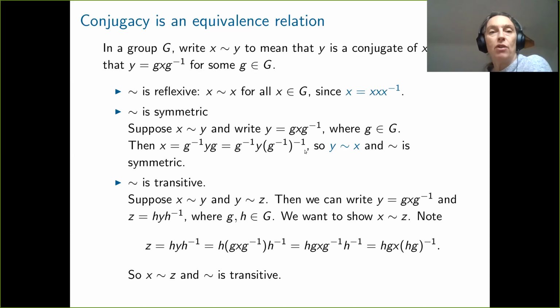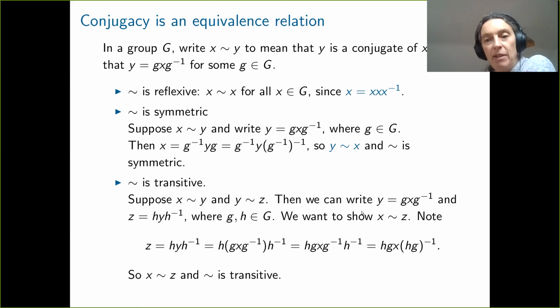Then the third thing we need to show to confirm that our relation of conjugacy is an equivalence relation is that it's transitive. What we need to do there is imagine that we have three elements, x, y, z, where x is related to y and y is related to z. And we want to be able to conclude that x must be related to z in that situation. So suppose we have three elements like this.